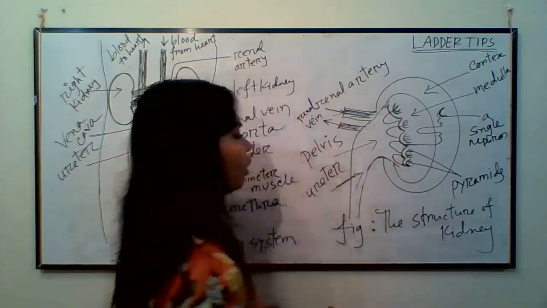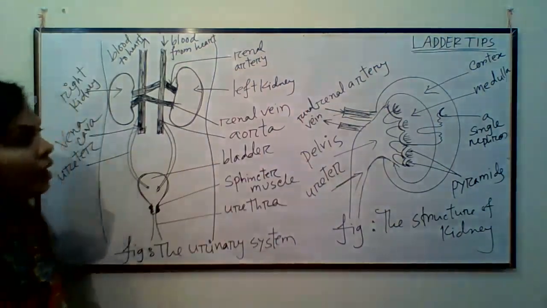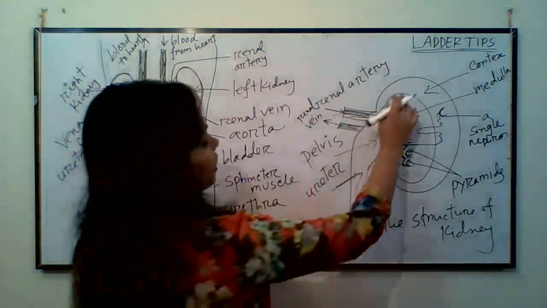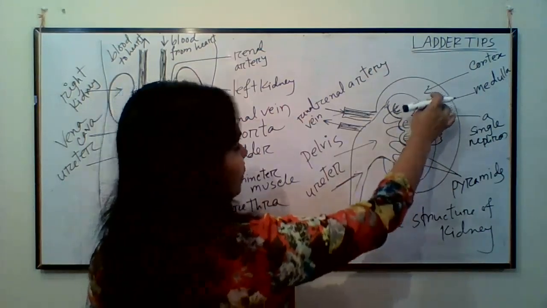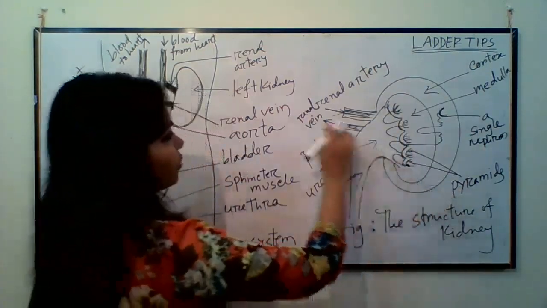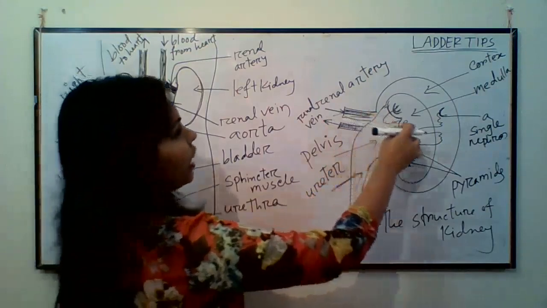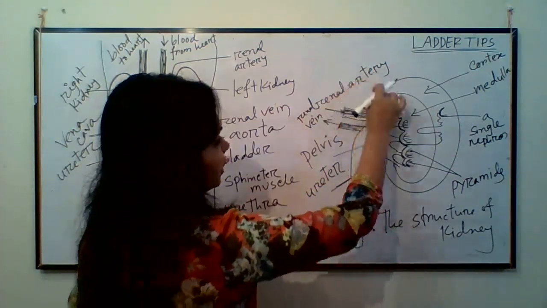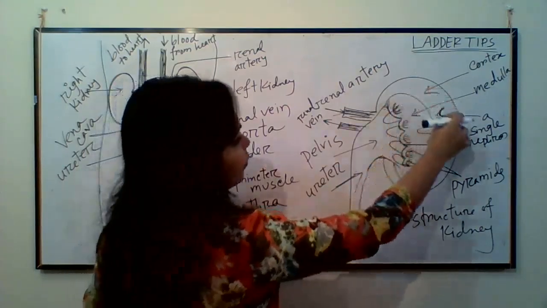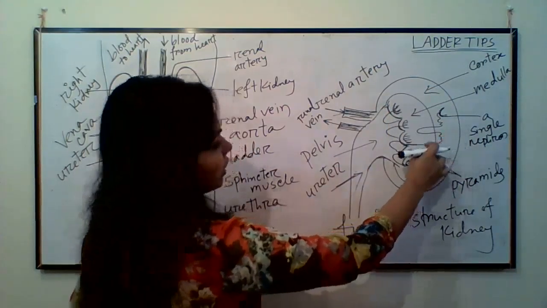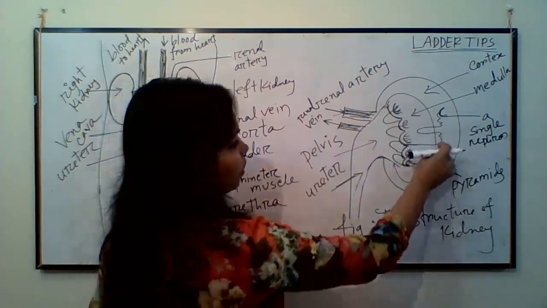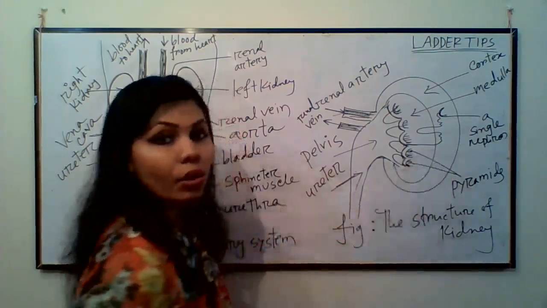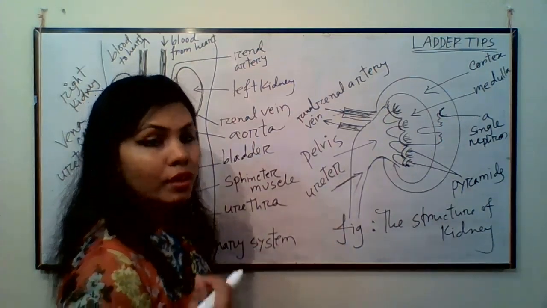The structure of the kidney: there is a darker outer region called cortex. It has many tiny blood vessels, branches from the renal artery, and there are also some microscopic tubules. They are not blood vessels. They are called the filtering unit or the nephron, I mean kidney tubules.